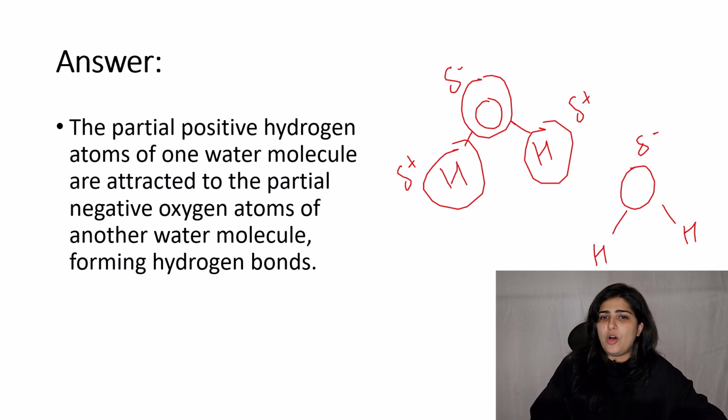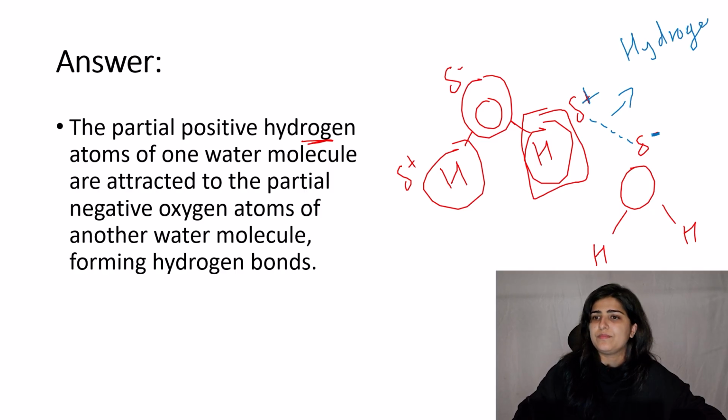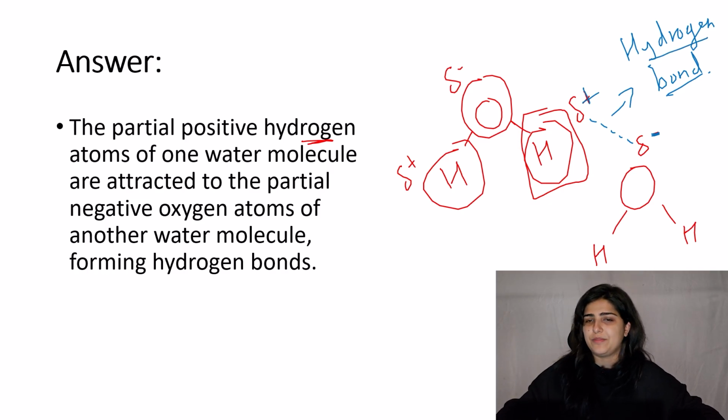So the partial positive hydrogen atom of one water molecule can get attracted to the other water molecule's oxygen atom, because this one is positive and this one is negative, so they will get attracted. And that is what we call a hydrogen bond. In fact, this is the topic that we're going to elaborate on in our upcoming lecture.